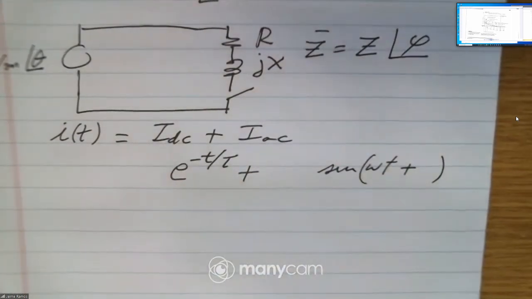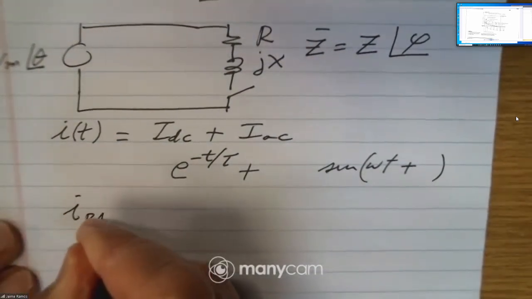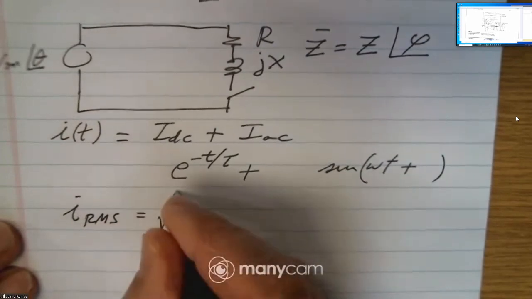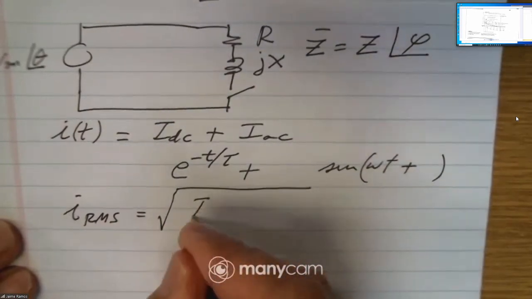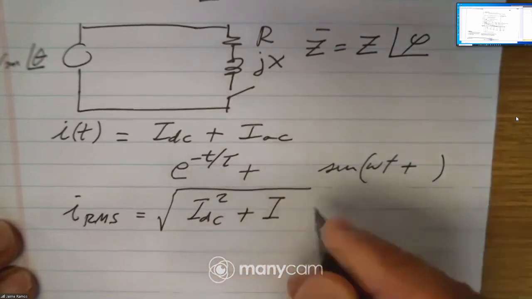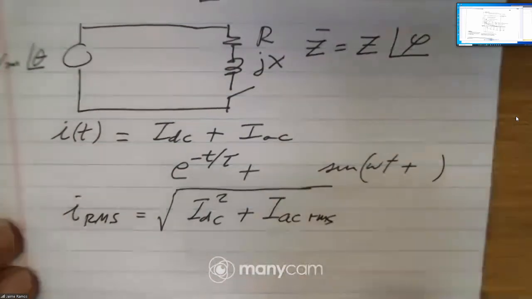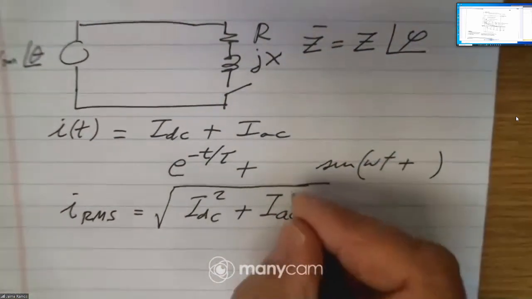And we are talking about symmetrical currents, RMS. So everything is RMS. So I RMS is equal to I DC squared plus I AC RMS squared.